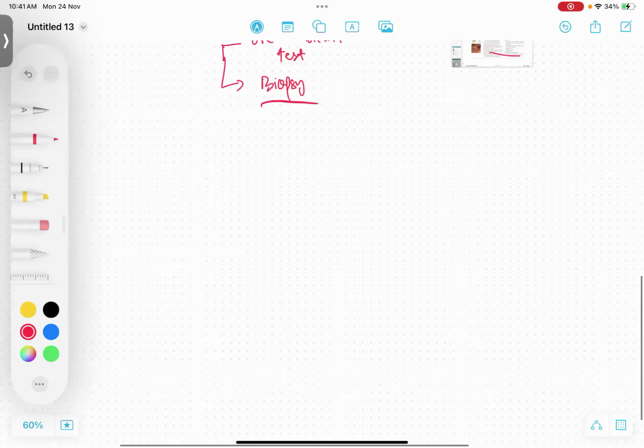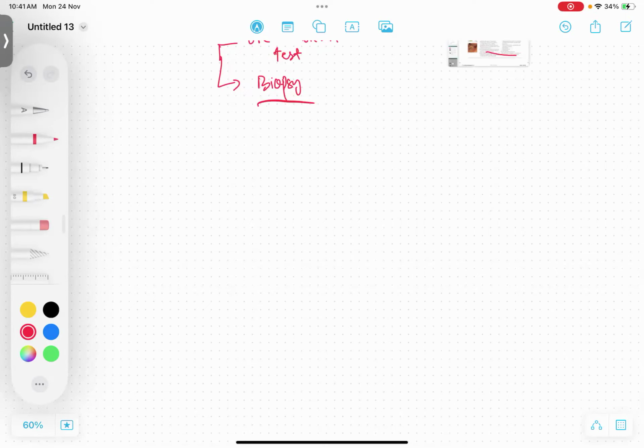Who is going to tell me the clinical manifestations caused by H. pylori? Peptic ulcer, gastritis.